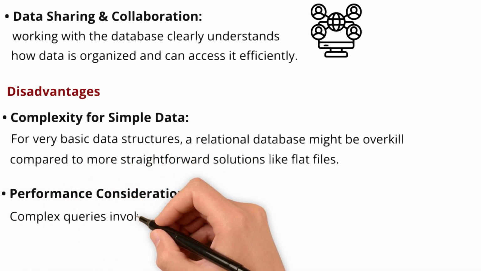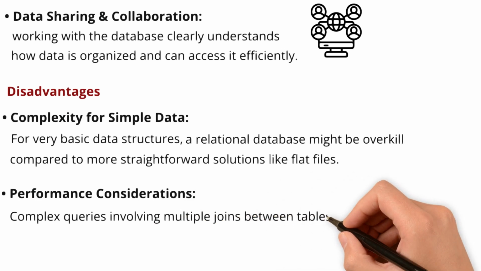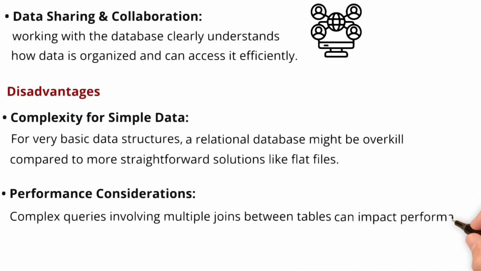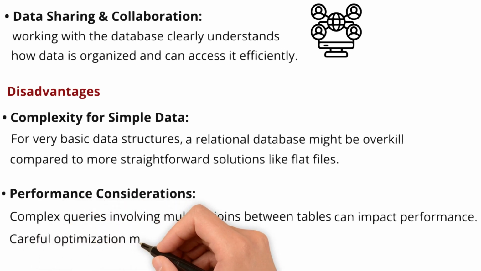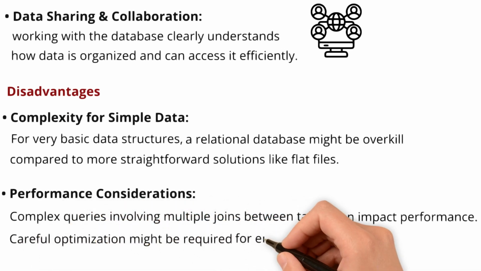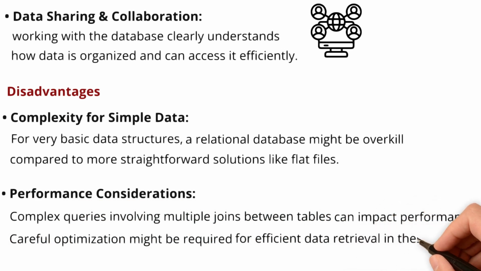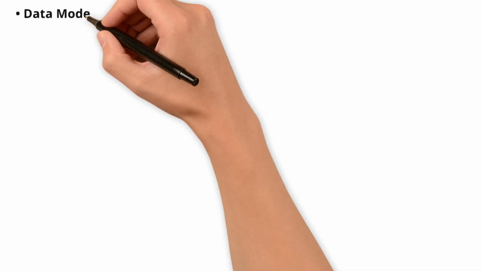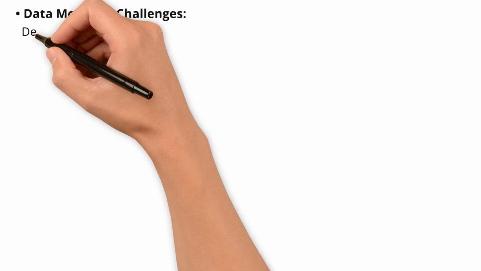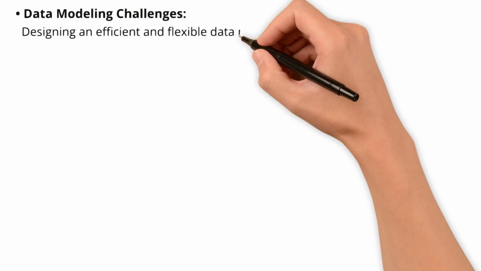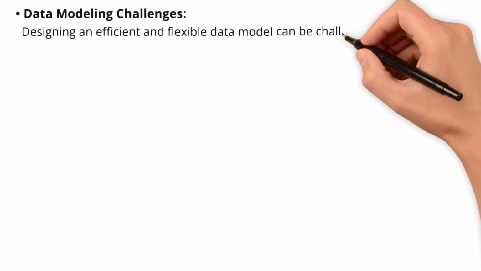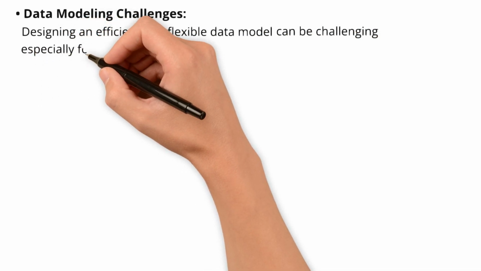Complex queries involving multiple joins between tables can impact performance. Careful optimization might be required for efficient data retrieval in these cases. Data modeling challenges. Designing an efficient and flexible data model can be challenging, especially for complex data relationships.